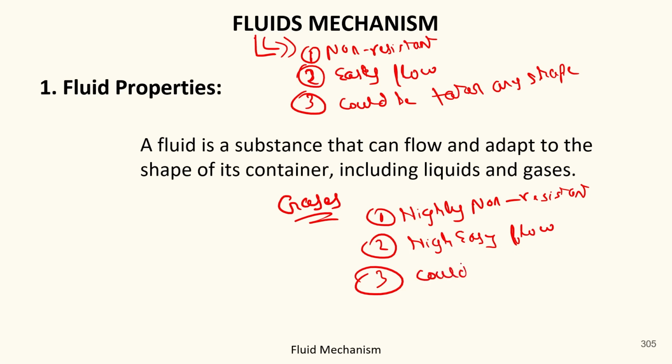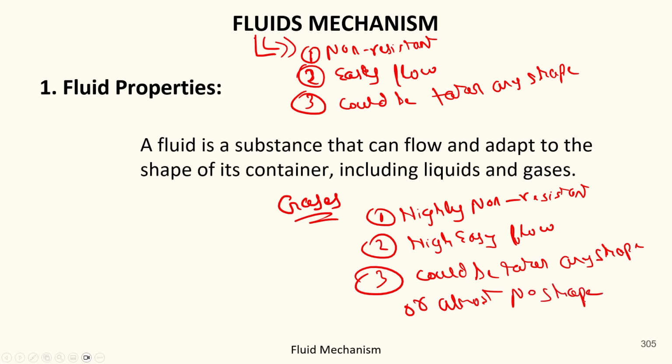Third is that it could take any shape, or you can say almost no shape. So in the case of gases, all the three conditions are getting matched, and even more strongly. Got it? So we can say gases are also fluids.